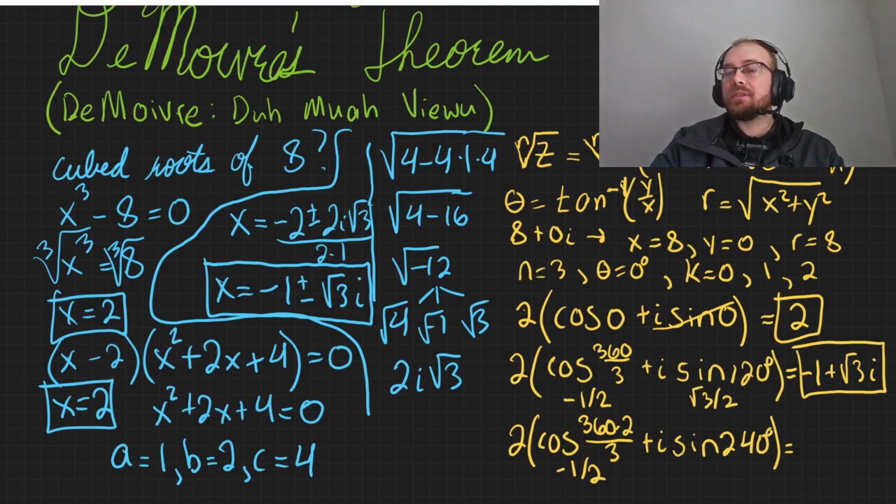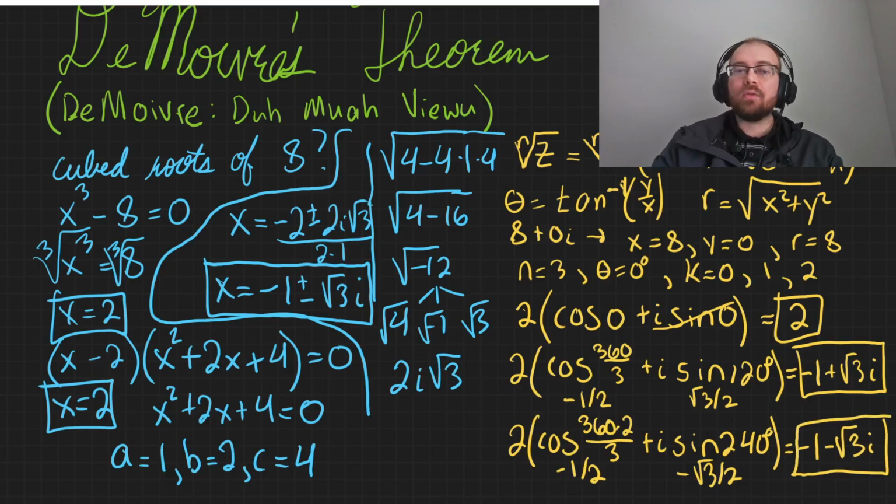And then for sine of 240, same thing. It's in the third quadrant, 60-degree reference angle. Sine of 60 is root 3 over 2. However, we're now in a negative quadrant for sine, so that's negative root 3 over 2. And then the same thing happens when I distribute the 2. The two denominators cancel. So I get negative 1 again, but the sign changed for this one, so now it's minus root 3i.